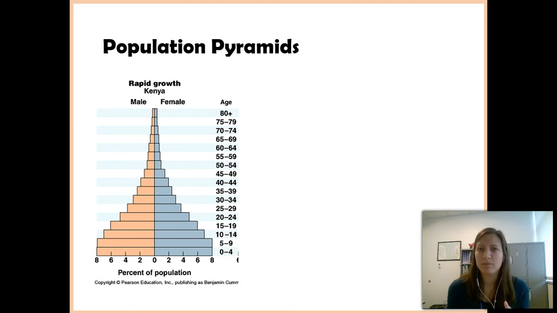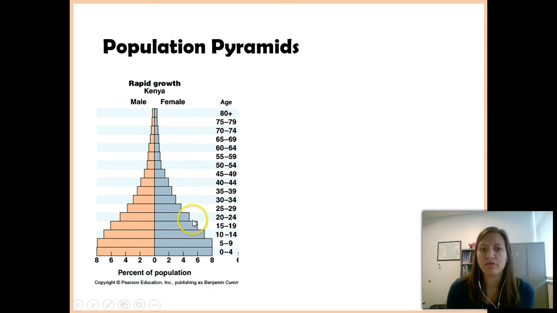I'll show you 3 more that show different shapes of population pyramids and what they can tell us about that population. Here's a population pyramid of Kenya, one of the countries in Africa that experiences a really high total fertility rate.